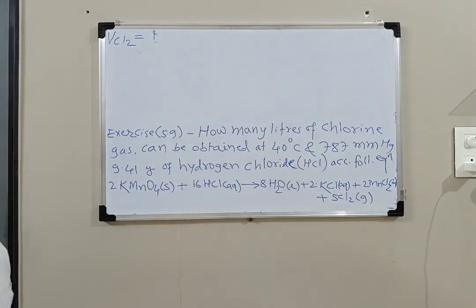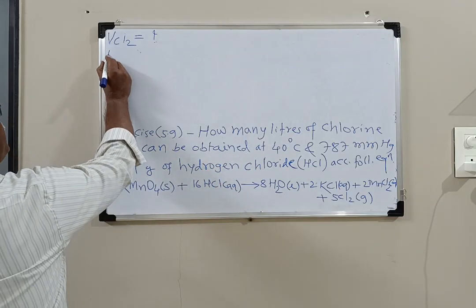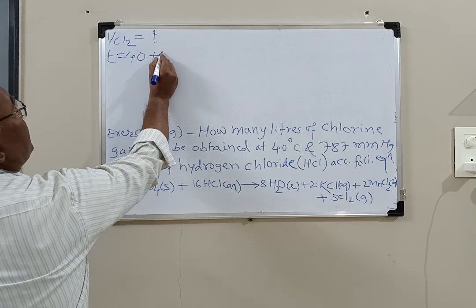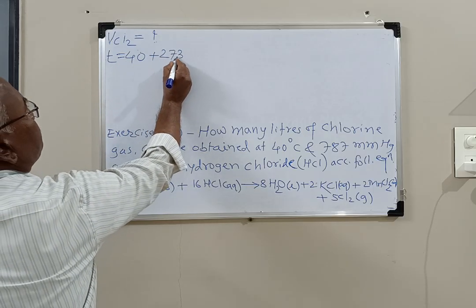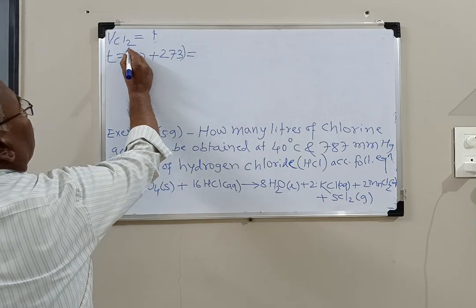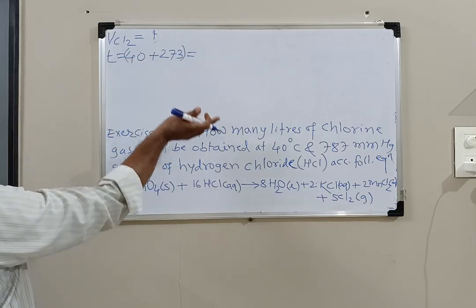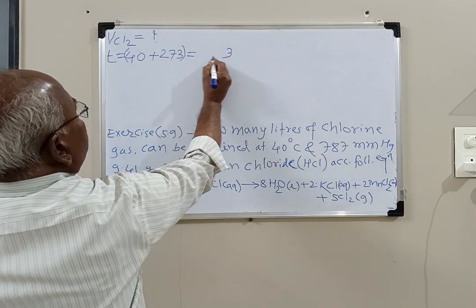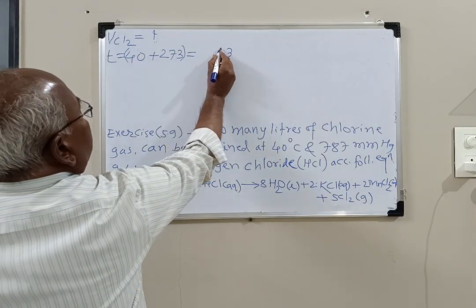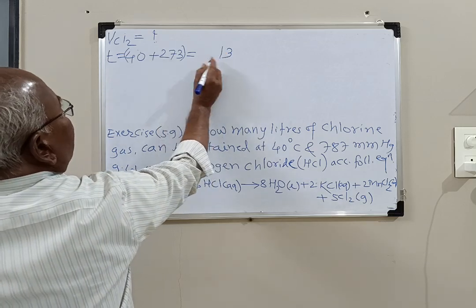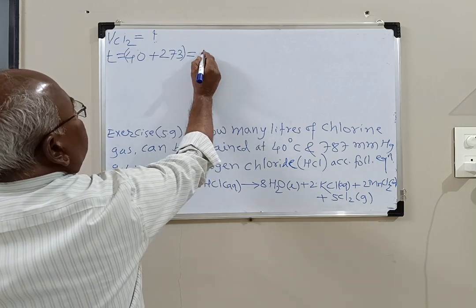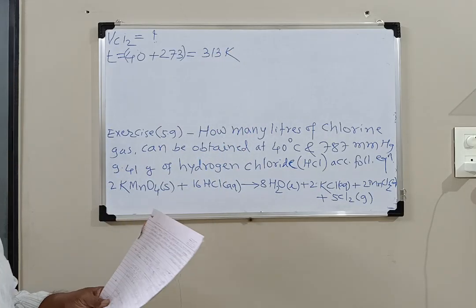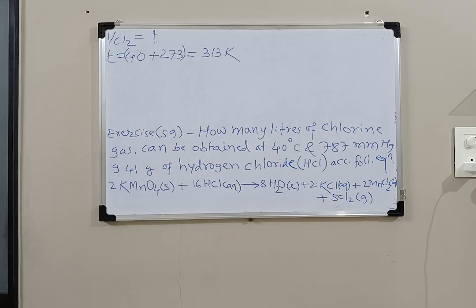At 40 degrees centigrade, temperature is given in degrees Celsius, convert into Kelvin: 40 plus 273 equals 313 Kelvin. Am I right? Yes, it is correct.